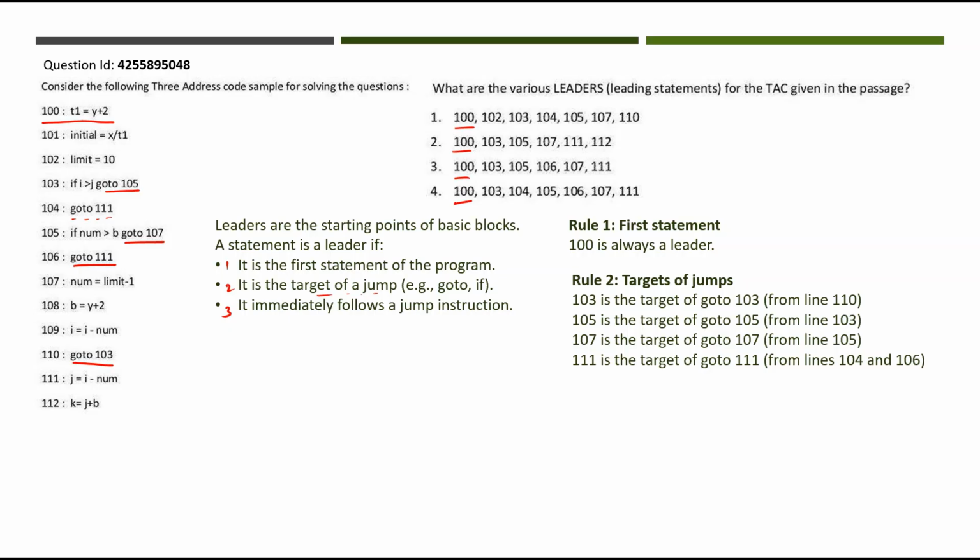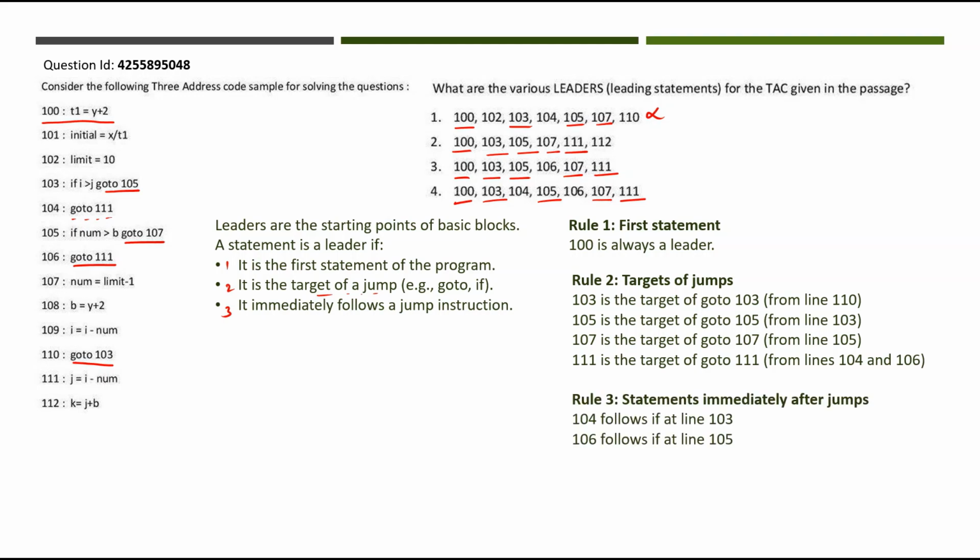So 103, 105, 107, 111 is missing in option 1, so 1 is ruled out. The other options have 103, 105, 107, 111, which is fine. So only one option is ruled out as of now.